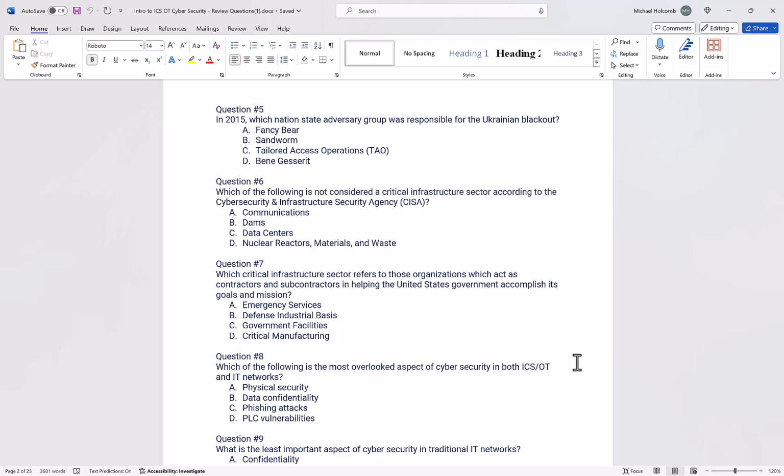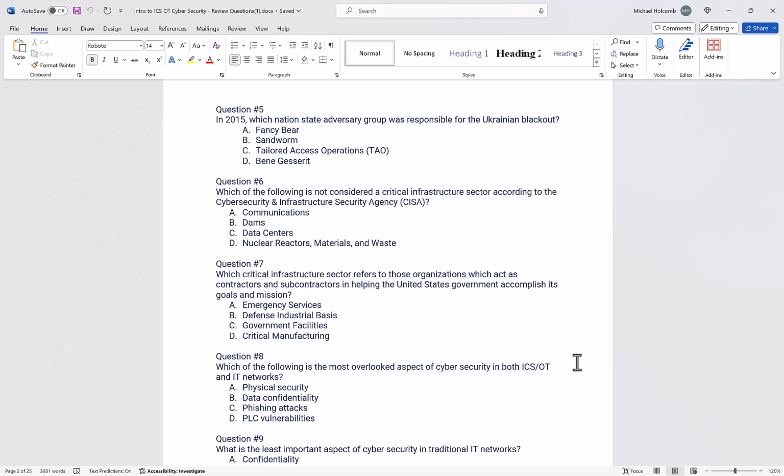We think of all the web-based applications that are hosted in the cloud and live in data centers, and Netflix, and the list can go on, everything we use in our daily lives. Those do fall under a critical infrastructure sector for information technology, but not called out as data centers. So that was a little bit of a trick question. Data centers is not a specifically named sector on the critical infrastructure sector list. Sorry if I got you on that one.